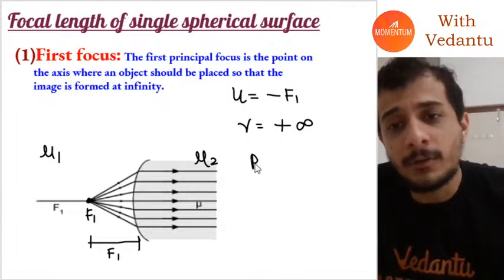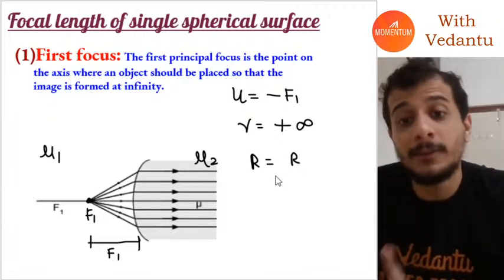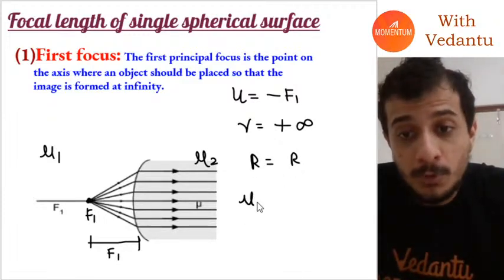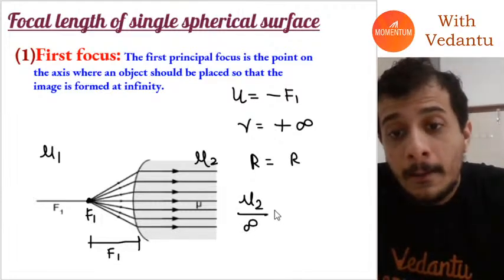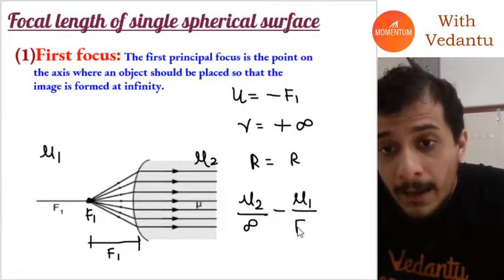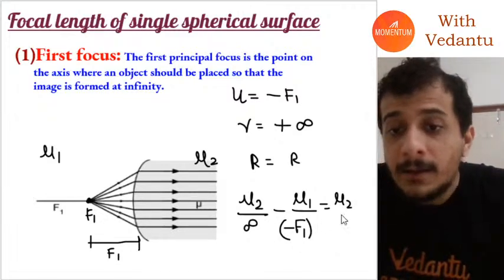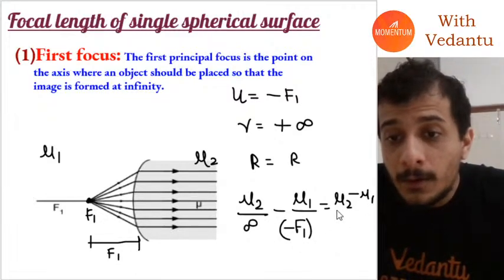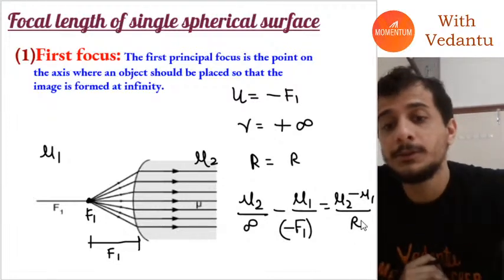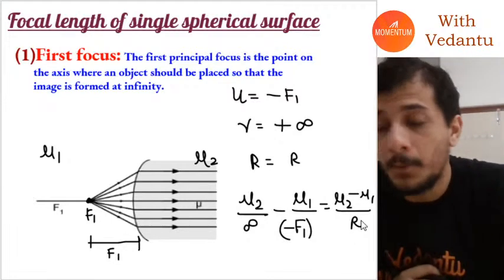And let's just say radius of curvature is equal to r. So I will substitute all of these. I will write mu2 by infinity minus mu1 by minus f1 is equal to mu2 minus mu1 upon r.